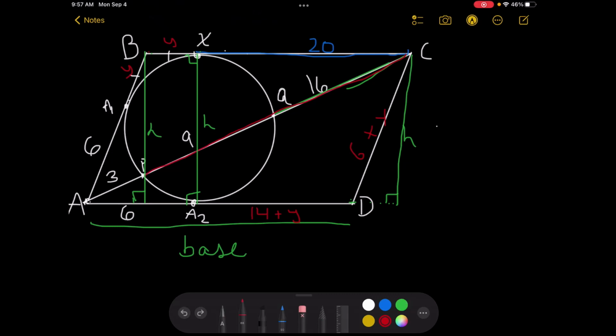Let me draw that in red. This part is y. And if AA2 is y, then this part is 6 minus y. Right, because the whole thing, AA sub 2, is 6.